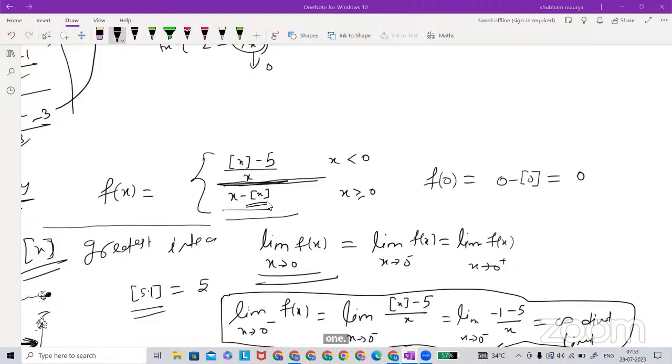Very similar to this one. Again, we can similarly conclude that at integers on the negative side also, the function is not continuous.